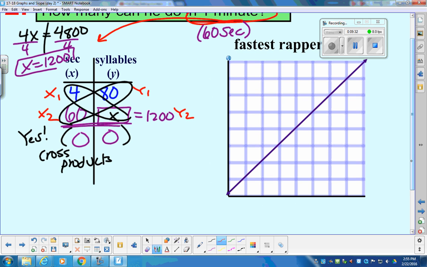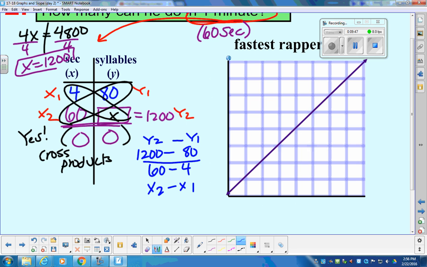So we have y2 is 1,200 minus my y1 is 80. My x2 is 60. My x1 is 4. So as I start to solve then, I have 1,200 minus 80 in the numerator, which is 1,120.